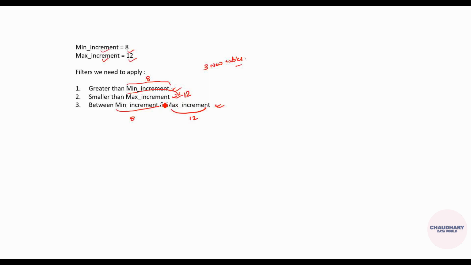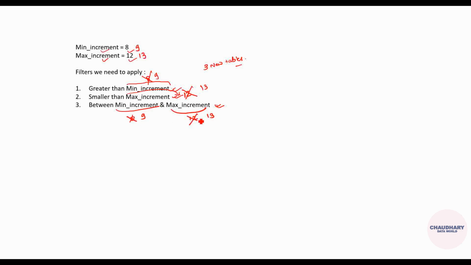And suppose some ad hoc request comes from some business team that this minimum increment should now be changed to 9, and this maximum increment changed to 13. You would need to change it at all these places if you don't have any dynamic variable declared at the top. You would come and manually change it to 9, manually change it to 13, then 9 again, and then 13 again.